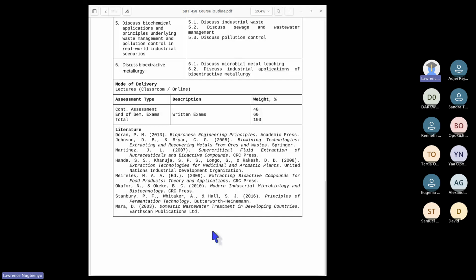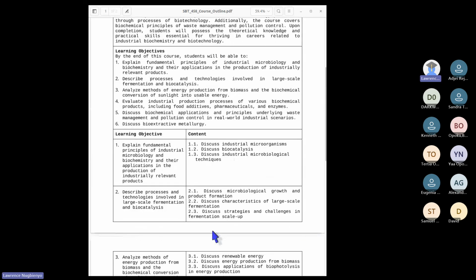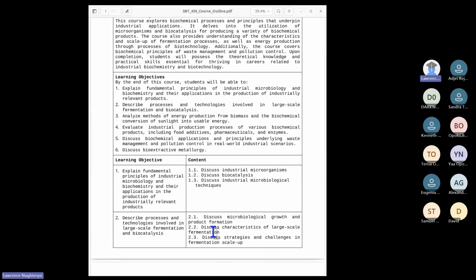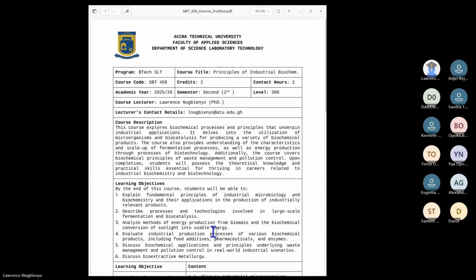All right. So that's about the course outline. It's not anything complex per se. It's straightforward. And because we have been together last semester, you already know how we go about our classes.